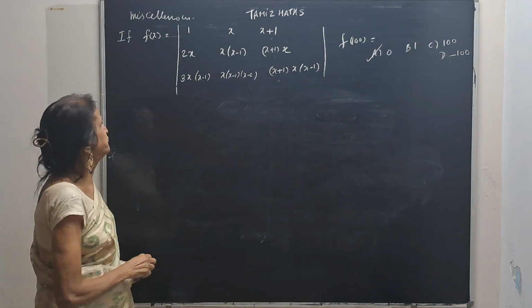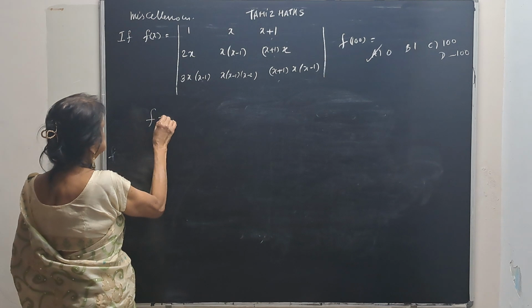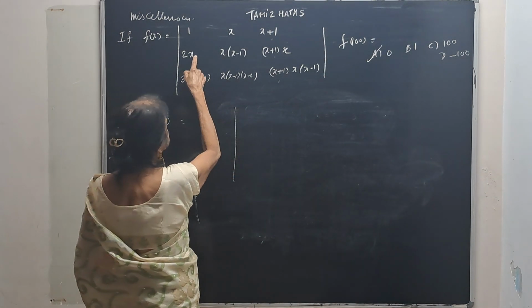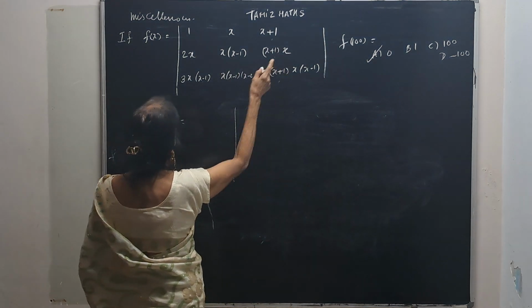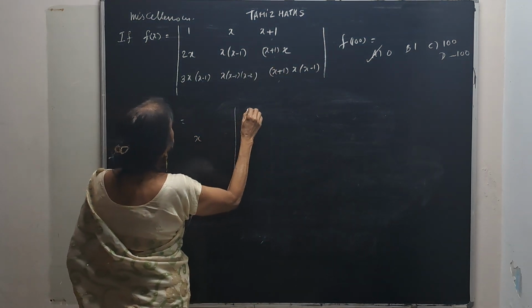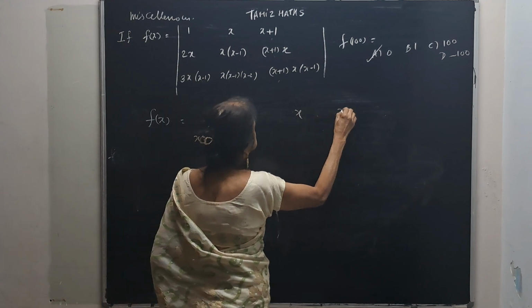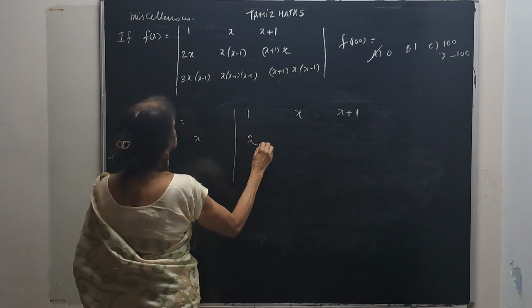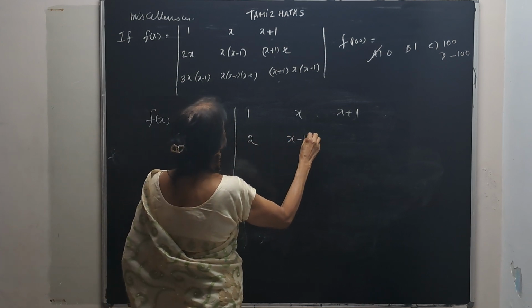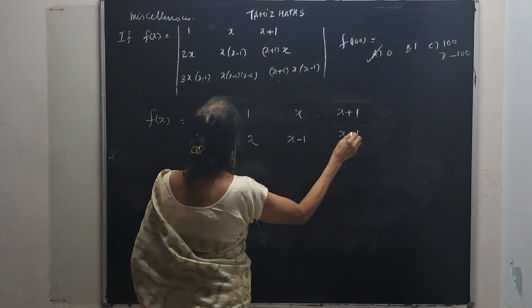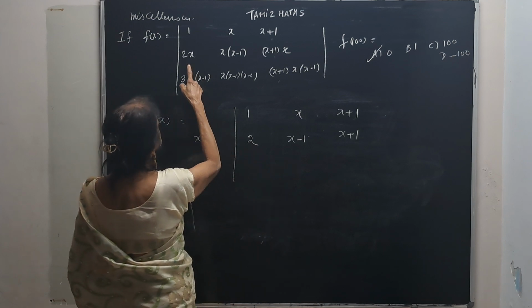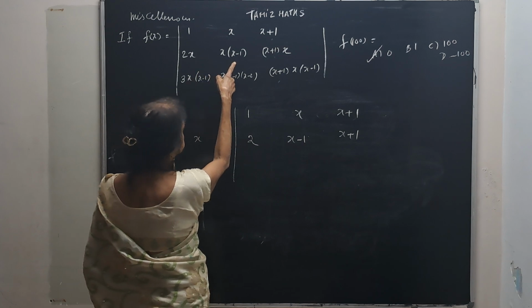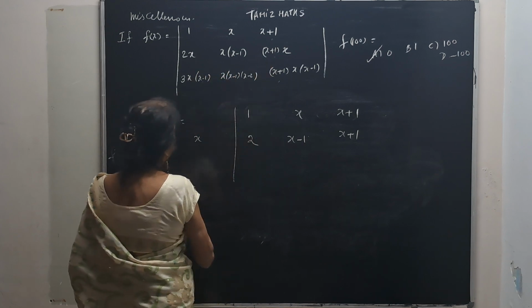Now look here, f(x). From row 2 I will take x outside. I have taken 2 here, x minus 1 here, x plus 1 here.